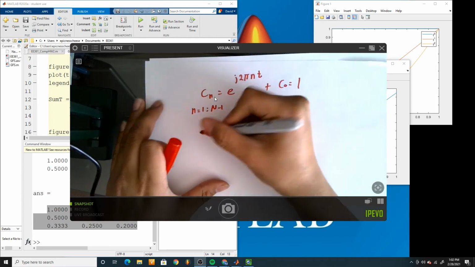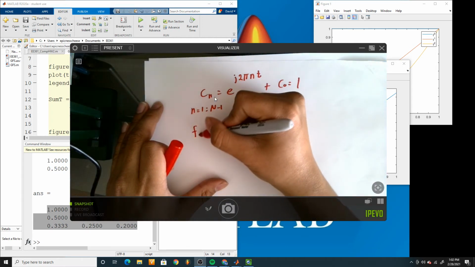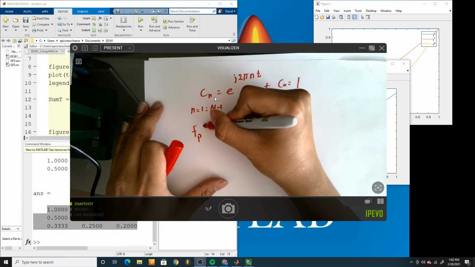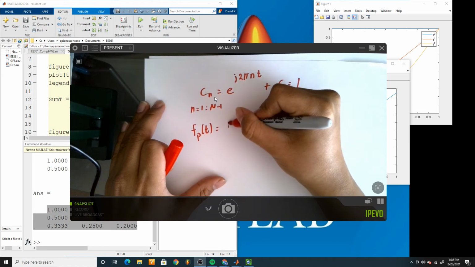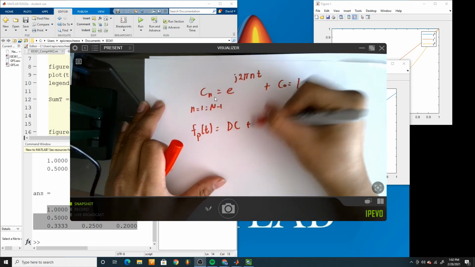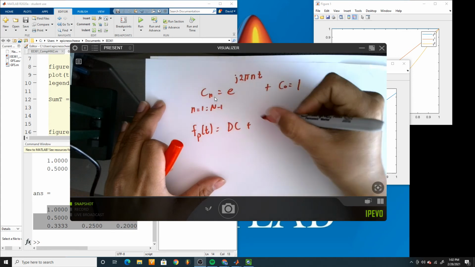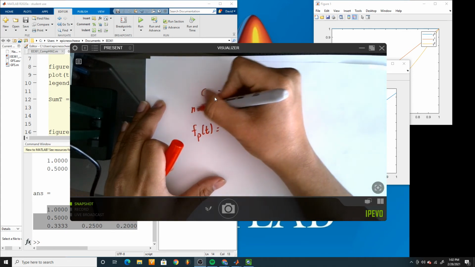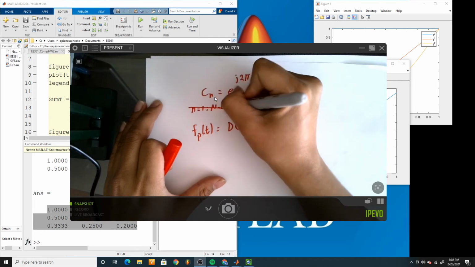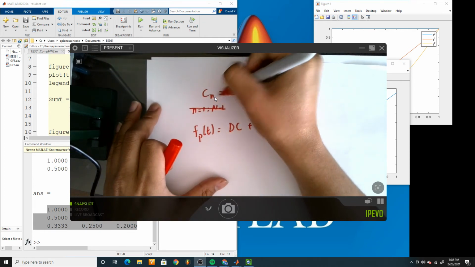So the Fourier projection, I'm just going to call it FP of t, is equal to this DC term, I'll call it DC, plus whatever these guys are. But the reason I was hesitating is because there needs to be negative numbers.